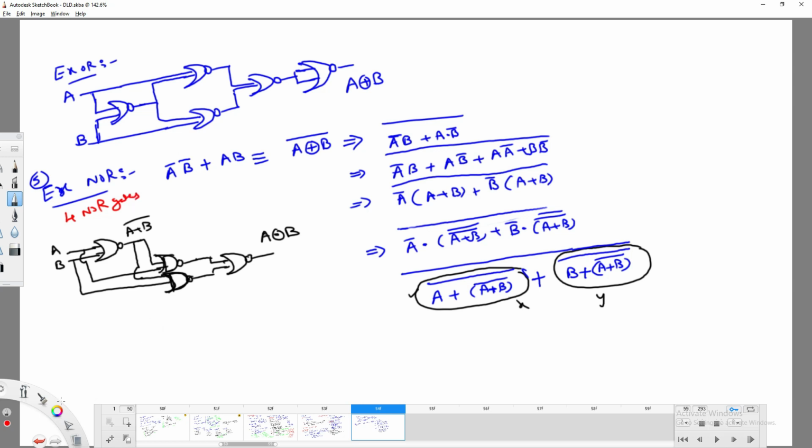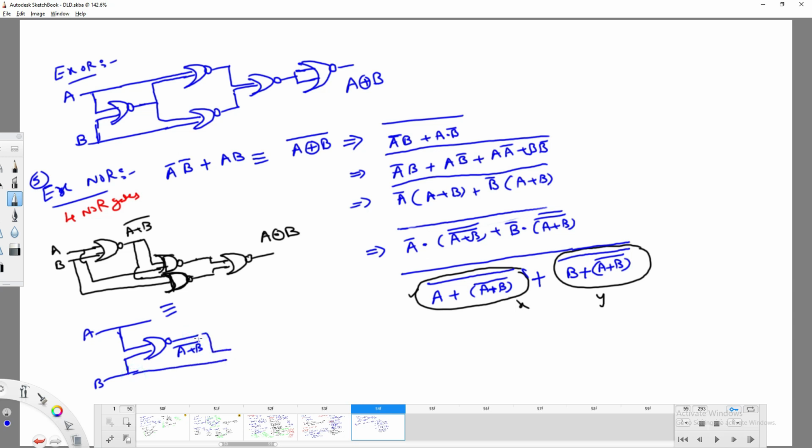4 NOR gates, right? But in the industry or in some textbooks, you'll observe this kind of circuit written in parallel like this. Now if I have the inputs a and b, here you are going to get a plus b whole complement.